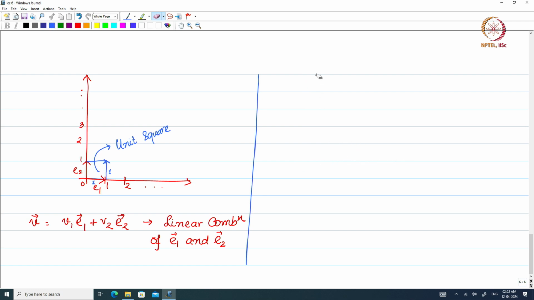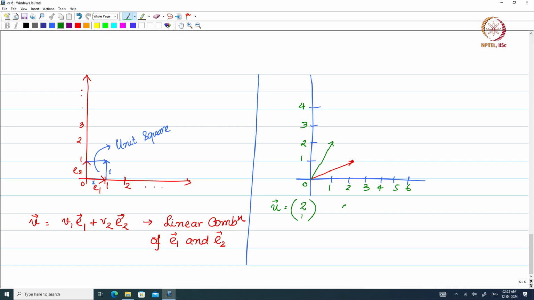Suppose I take this vector (2, 1), which is basically in this direction, and I take this vector (1, 2), which is basically in this direction, right. This is 0, 1, 2, 3, 4, 5, 6 and so on. So I will call this vector u as (2, 1), and I call this vector v as (1, 2), right.